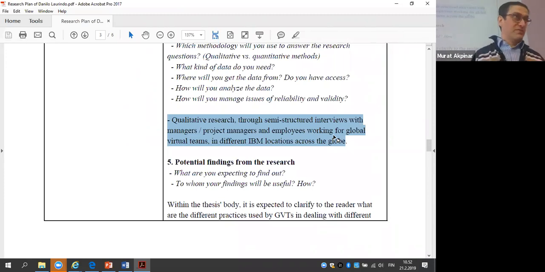He is also himself working at IBM, so he can have easily access to other managers inside the company. He already has also information. He also has access to secondary data from the company's documents. So perfect. That's good enough for this section. So qualitative research, semi-structured interviews with IBM managers from around the world. Convincing.